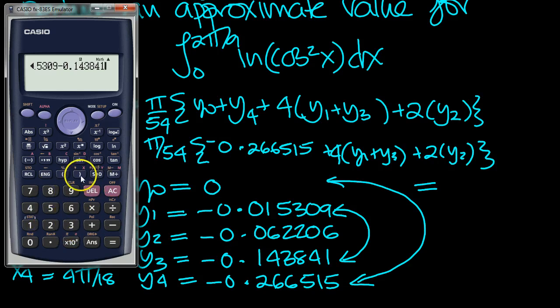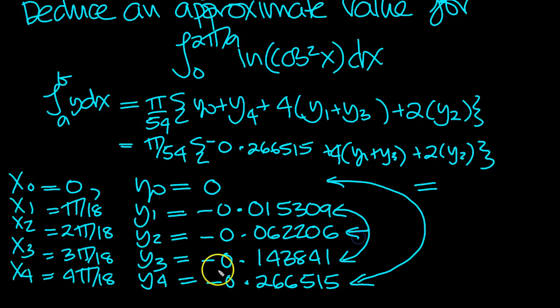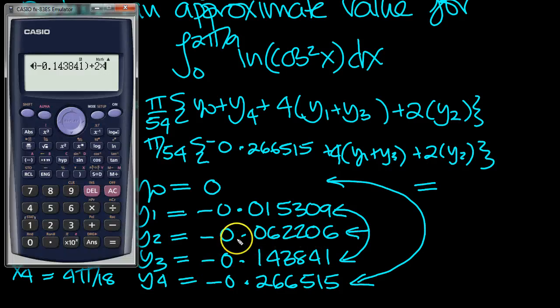Close that bracket, that was the 4 times, then plus 2 times, and then it's just a single entry, y2, minus 0.062206. Close that bracket, and then close the brace at the end, and that equals minus 0.059.